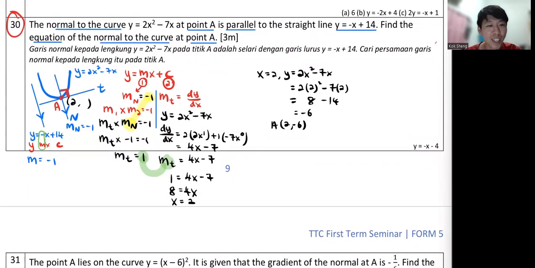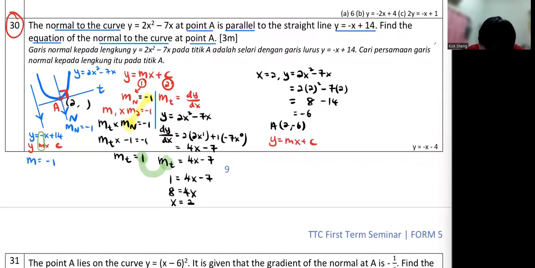Okay, look, we can use that to find the c already. Finally. y equals mx plus c. -6 plus 2 is -4.